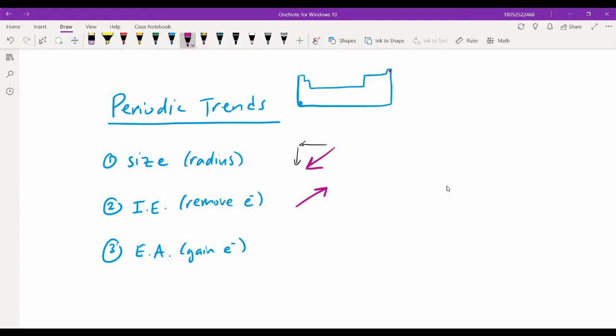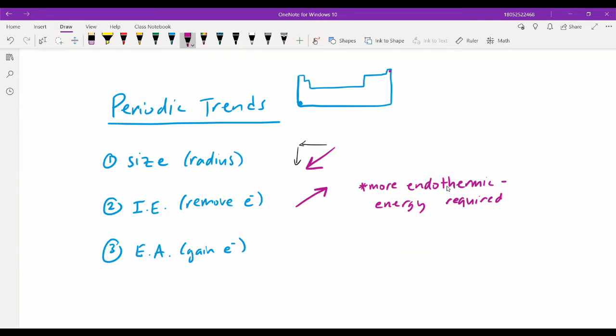And I'll just point out that this is becoming more endothermic as we go up and to the right, which means more energy is required. So endothermic means energy required. You have to put in energy to do that. Like we saw before with the photoelectric effect, you have to put in energy to remove electrons.